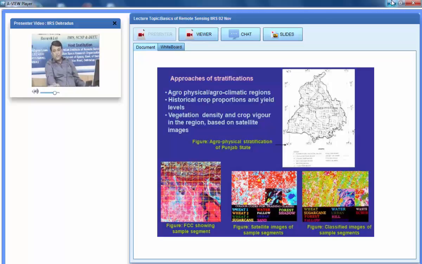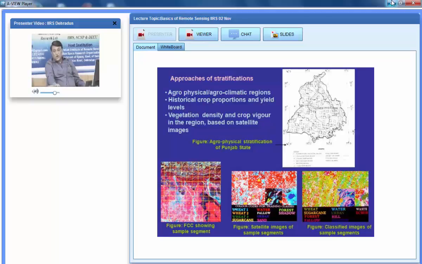And here also you can see over Punjab, there are four strata based on the agroclimatic zones, and then within the strata some square blocks, they are the only random sample segments, 10%. For this random sample segment only, satellite data is acquired and used in the classification procedure.